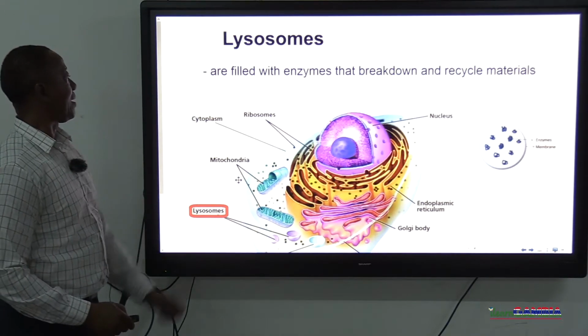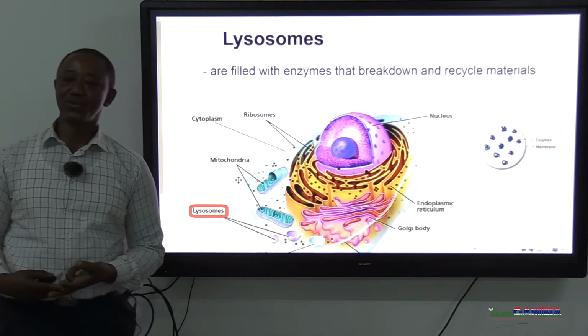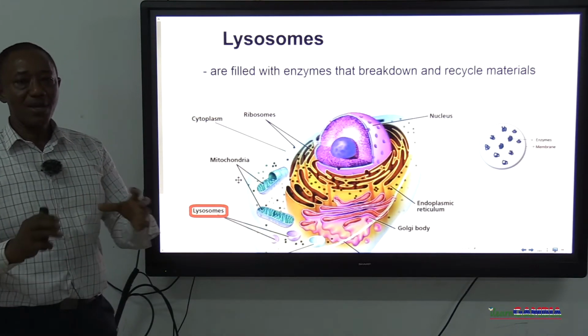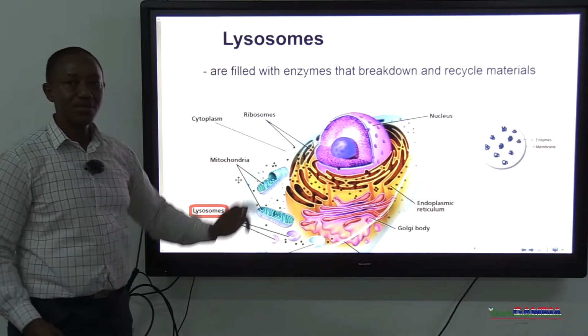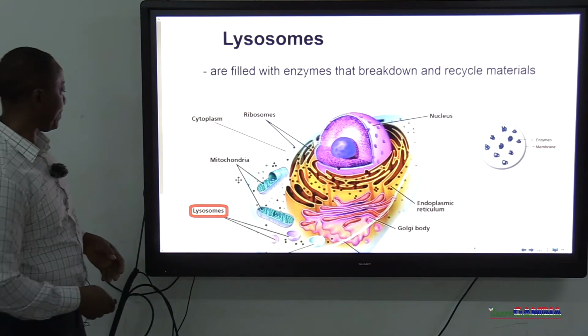So that is done by the lysosome. Try not to confuse the ribosome and the lysosome, and try to find a way to help you remember them. Ribosomes, they make the proteins. Lysosomes, they break down. They are the recycle machine.